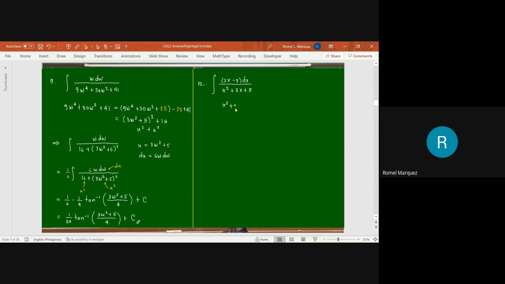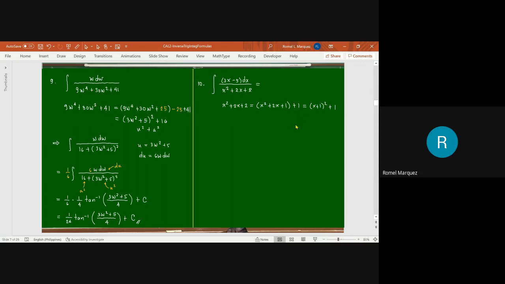X squared plus 2x, guys, plus 2 is the same as x squared plus 2x plus 1. Am I right? Then plus 1 uli to make it plus 2. And further, it is equal to x plus 1 quantity squared plus 1. So that is what we need, no? For the denominator if you want to have inverse.